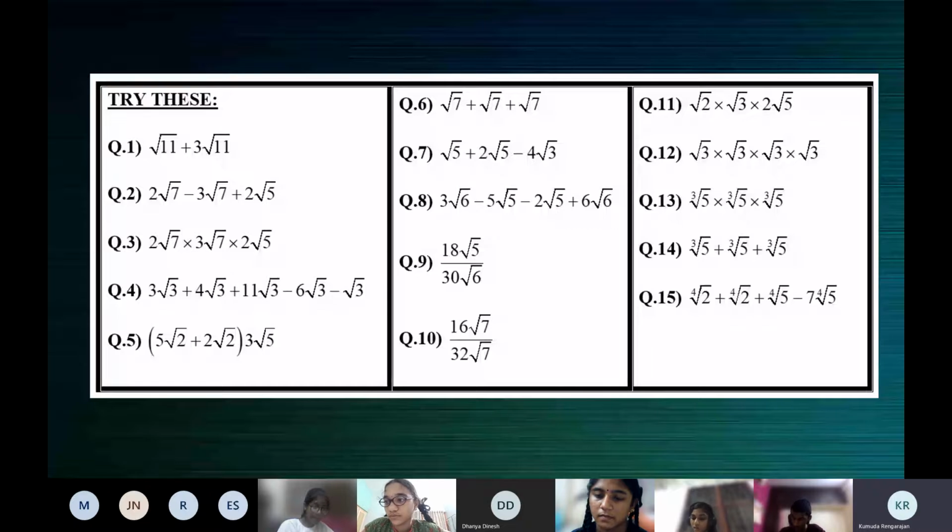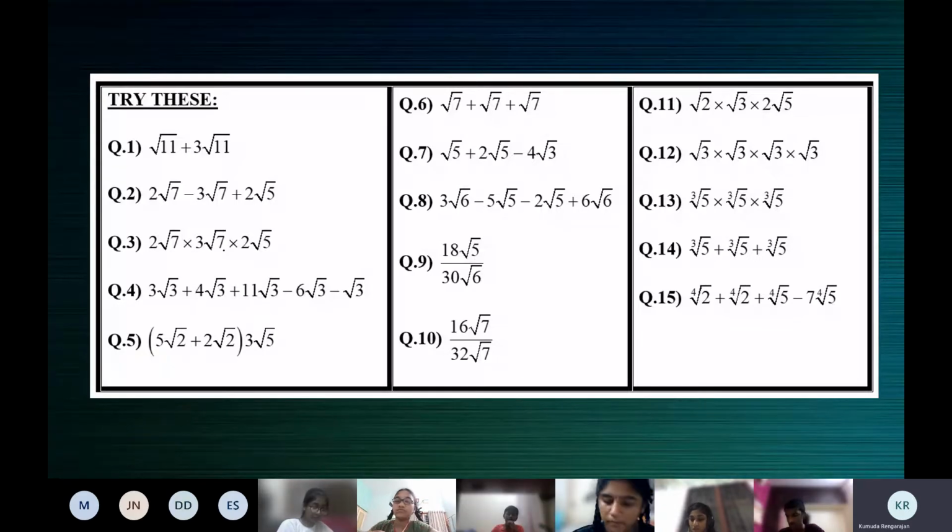I think we have to still discuss 4 and 5. So let's come back to our earlier discussion. I was telling you about this 2 root 7. I explained this one, 2 root 7, 3 root 7.